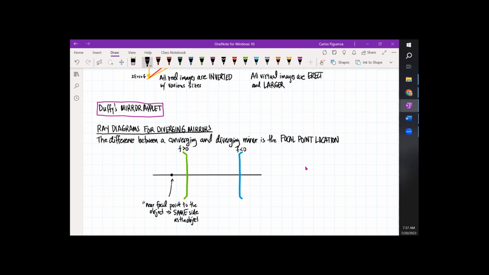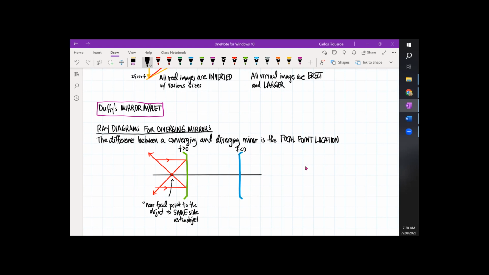So if I have a converging mirror, then when I look at my ray diagrams, these guys all are crossing through the near focal point. It's not the case for a diverging mirror.